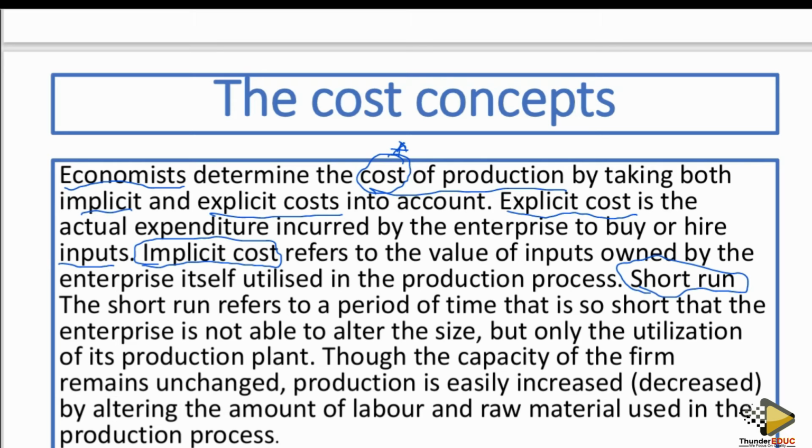That's how you explain short run. But long run is a period where all vectors of production do vary. It means all vectors of production in this regard are not fixed.